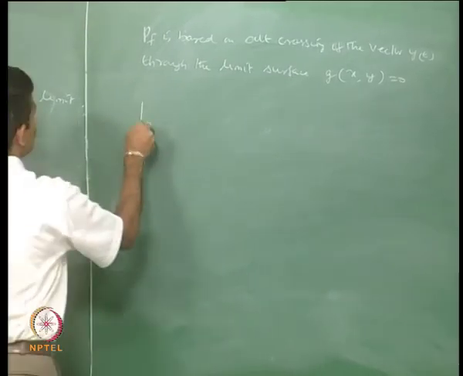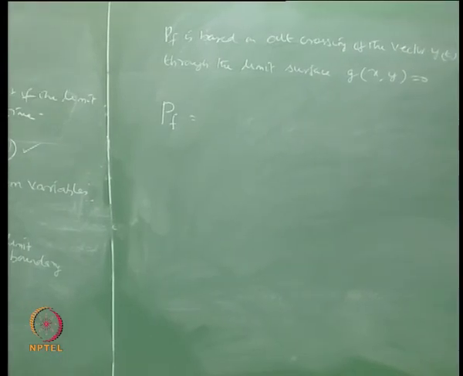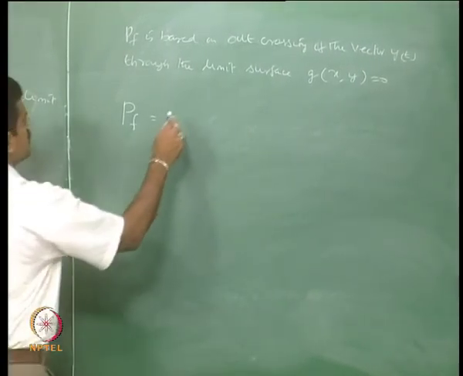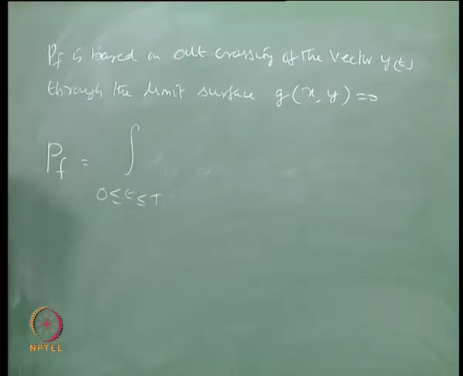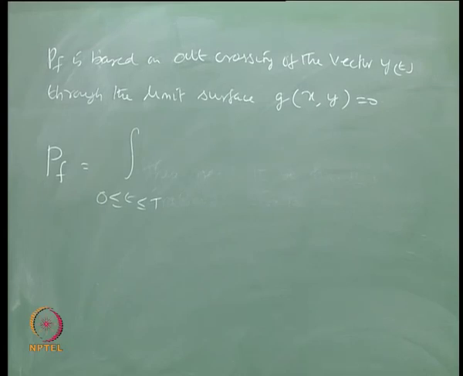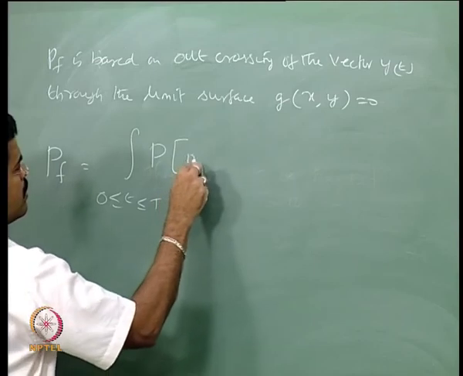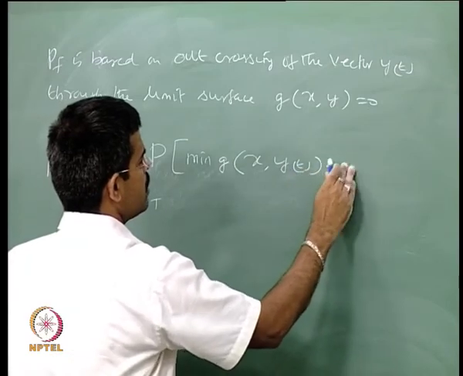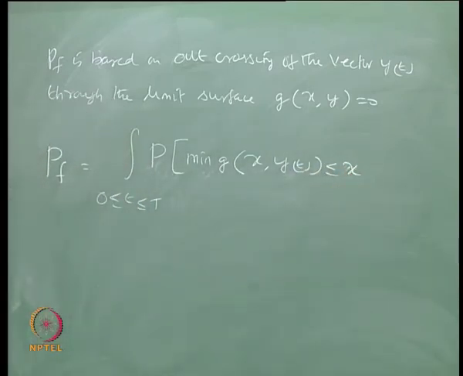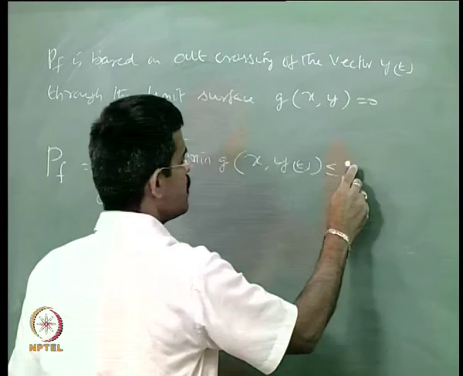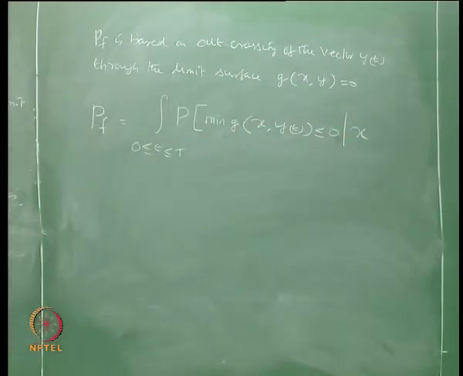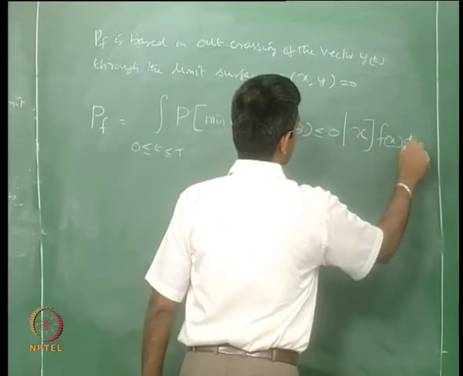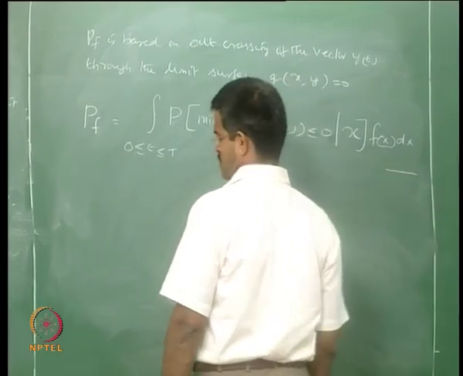So, probability of failure is now given by the integral from 0 to T of the probability of minimum g of x, y of t less than 0, given x, for any given value of x, into f of x dx. Equation number, what is the number here?